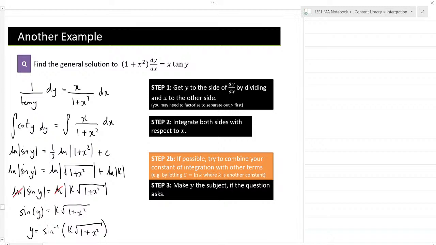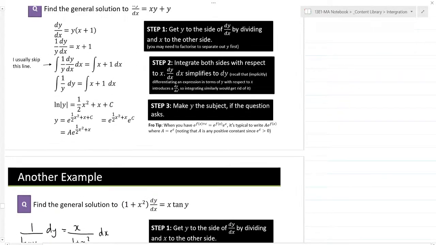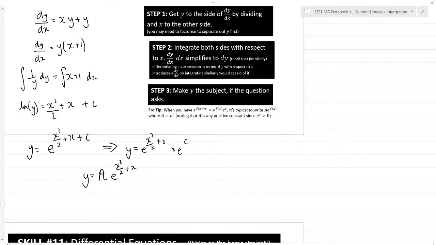Everybody all right with that? Can you see the difference and the reason why I used the constant as ln k this time instead of the one before? Because in the earlier one, you've got one thing in terms of ln, but the other one isn't, so you take everything up and put your constant in front.